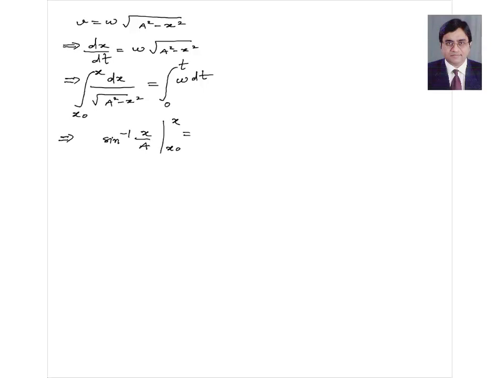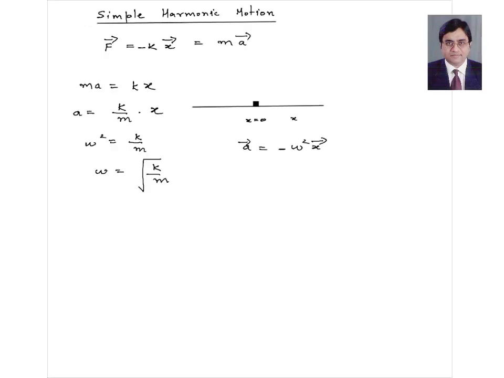Omega is constant. In fact, when we define SHM, there itself you can make a note that k is a constant and omega is a constant. k is a constant, not universal. It is a constant for a particular SHM. Omega is not a universal constant. It is a constant for a particular SHM.